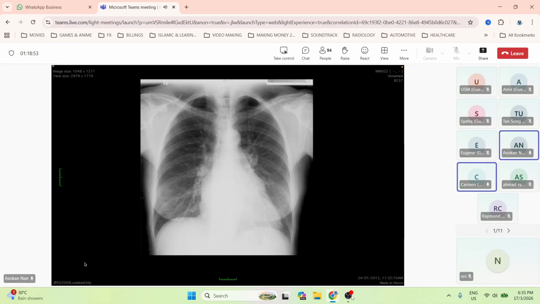Okay, in this case, the heart is enlarged. What are the possible causes of an enlarged heart? In an adult, first could be congenital, but probably less likely.